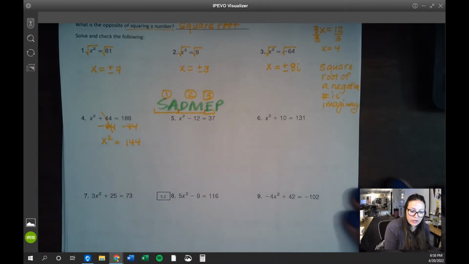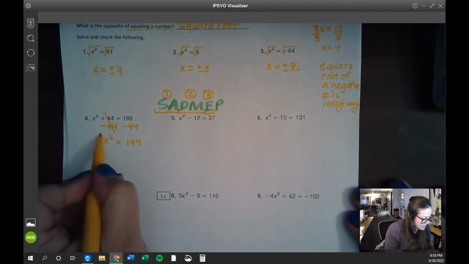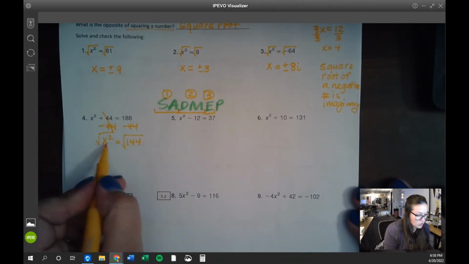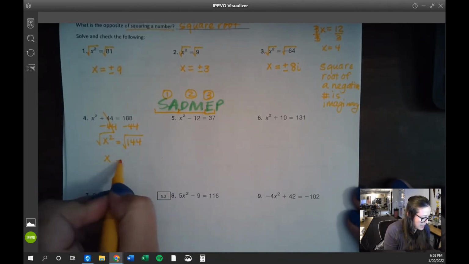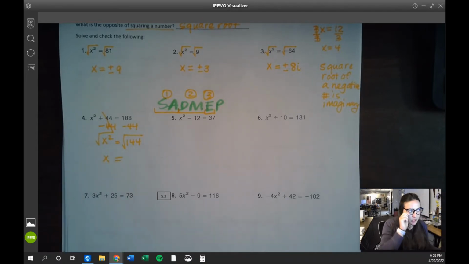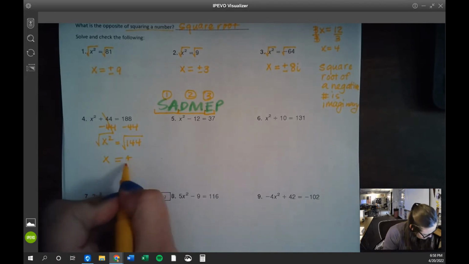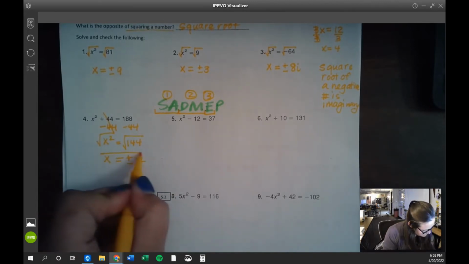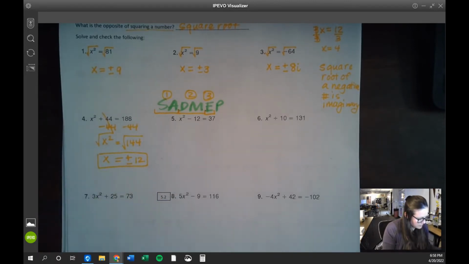To undo squaring something, we take the square root. The square root of x squared is just x. The square root of 144 is plus or minus 12. Okay, let's try number 5. X squared minus 12 equals 37.